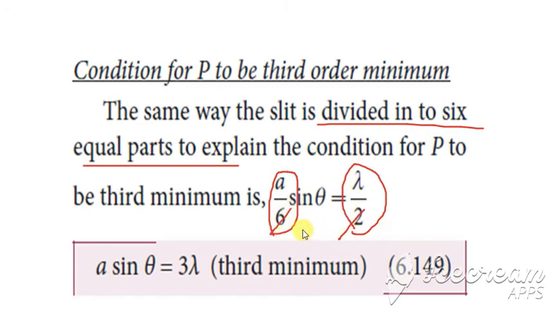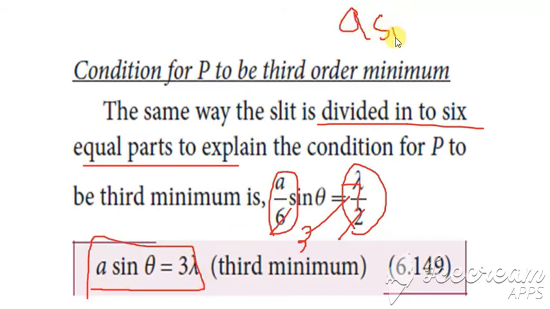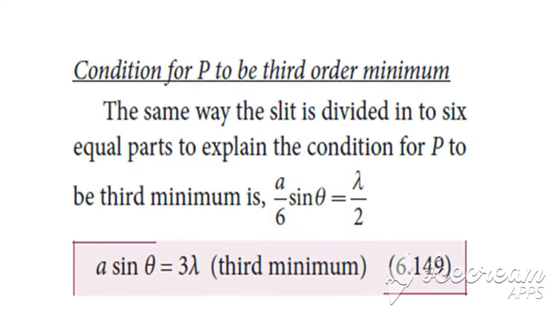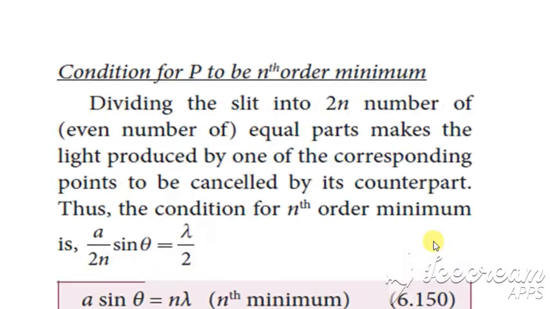And here again we are cancelling, and this 3 goes here, and so A sine theta is equal to what? 3 lambda. So this goes on, and if you are finding the value for the nth minimum, for first order it is just lambda, for second order 2 lambda, for third it is 3 lambda, and for the nth minimum it is n lambda.